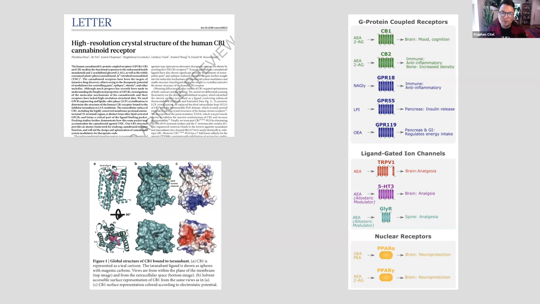What we also know is some of these other minor cannabinoids also have some promiscuity for the different receptors. They are all not just sitting in either the orthosteric or allosteric binding sites of the CB1, CB2 receptor. We have a bunch of other receptors that these guys are talking to, which is really cool.